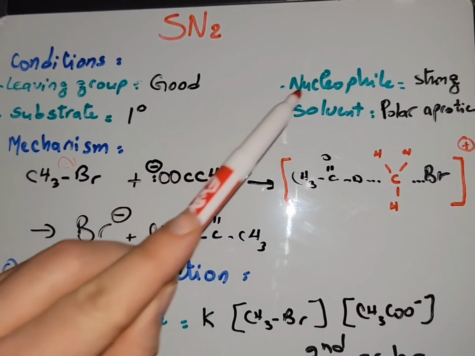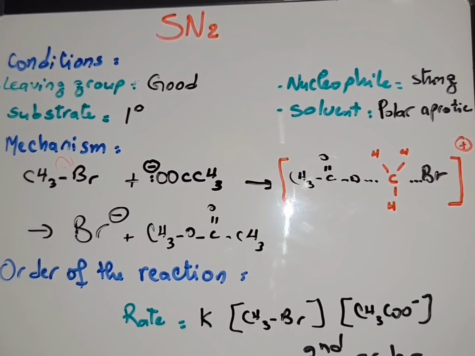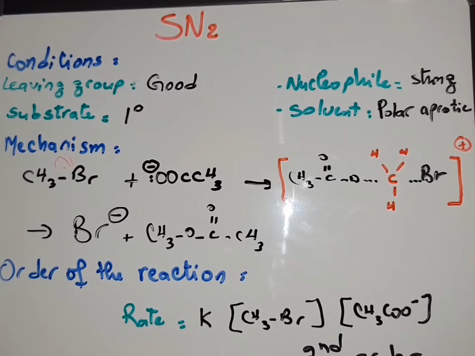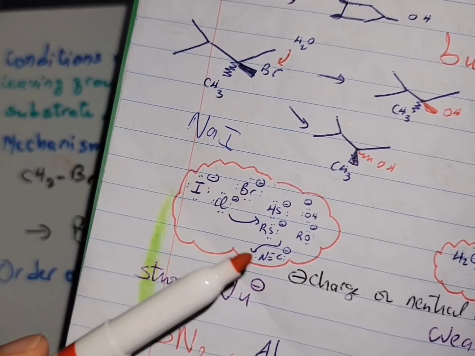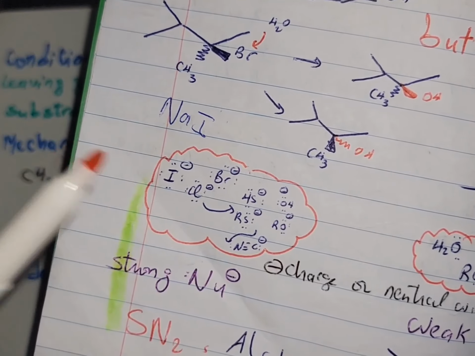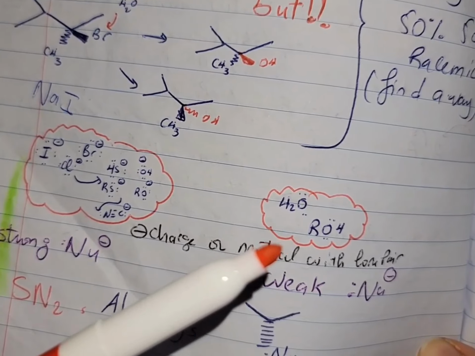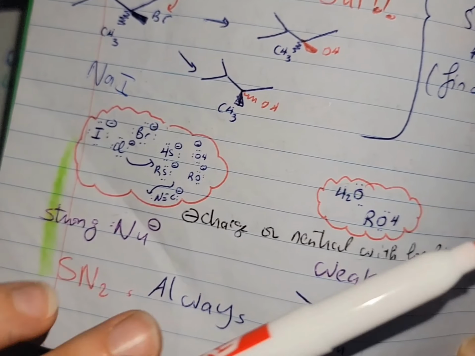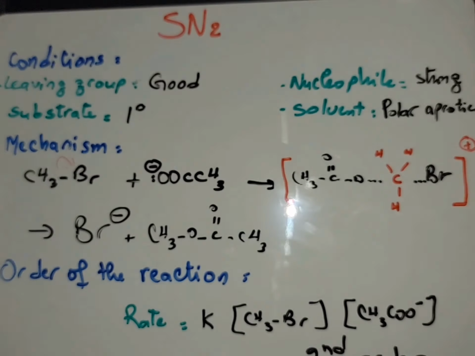And then we have a nucleophile, which has to be strong. Here is the list of strong nucleophiles. So we have iodide, bromide, chloride. You just have to remember that the weak nucleophiles are usually water and alcohols, and all of the rest are pretty strong.